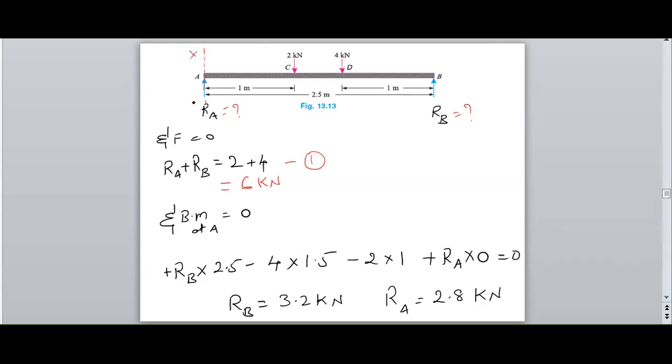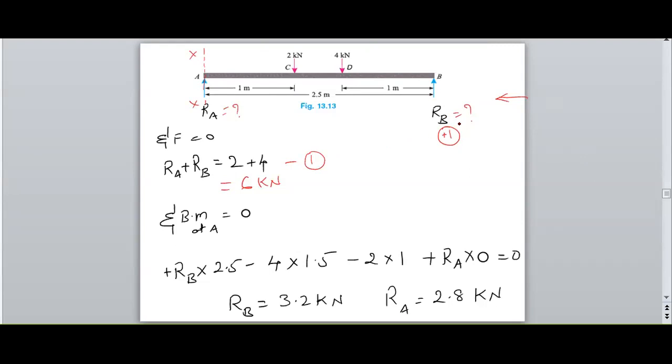The section is at A. I need to consider all the forces on my right hand side and their perpendicular distances. I am going from the right hand side to the left hand side.